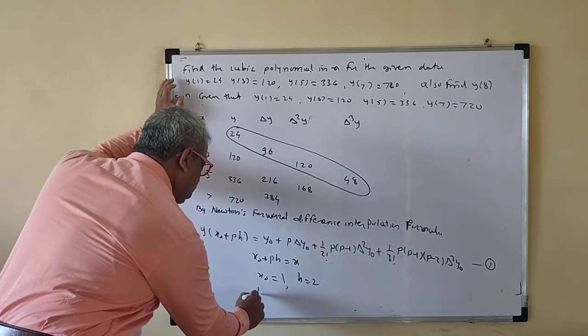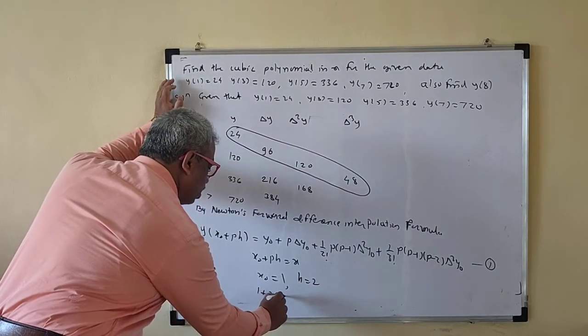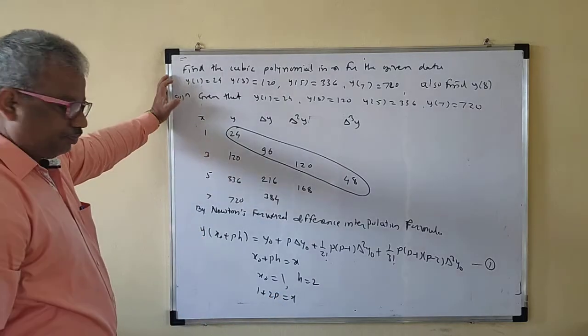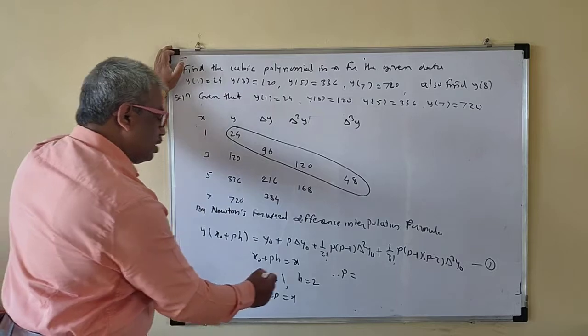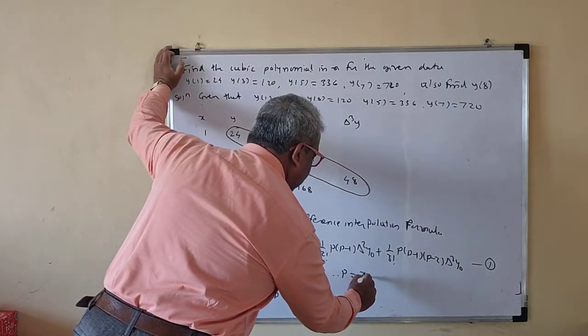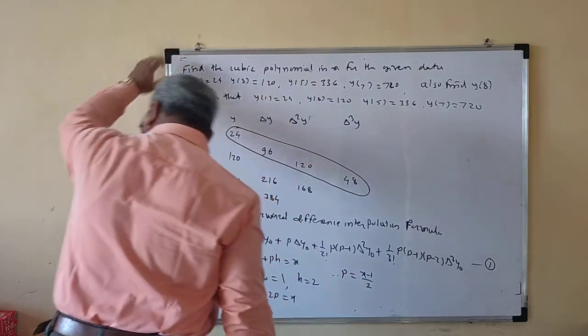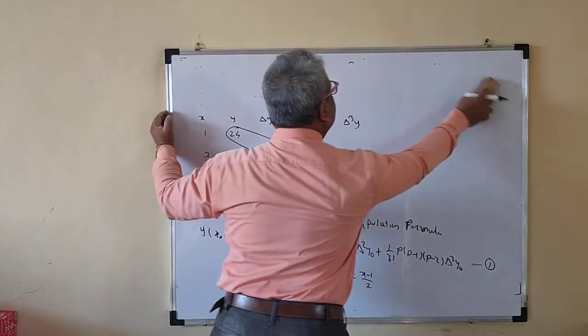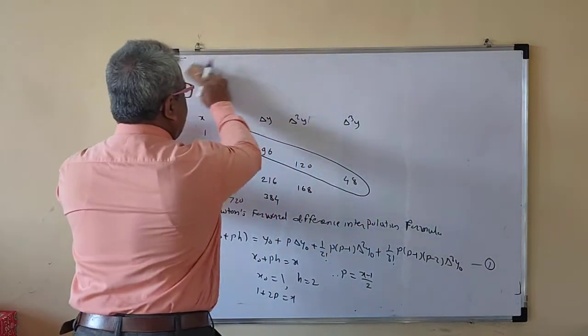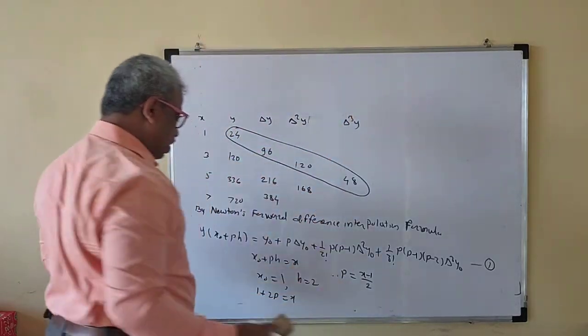So 1 plus 2p is equal to x. Therefore p is equal to x minus 1 upon 2. Okay. So we will put the value of p and y naught in 1.